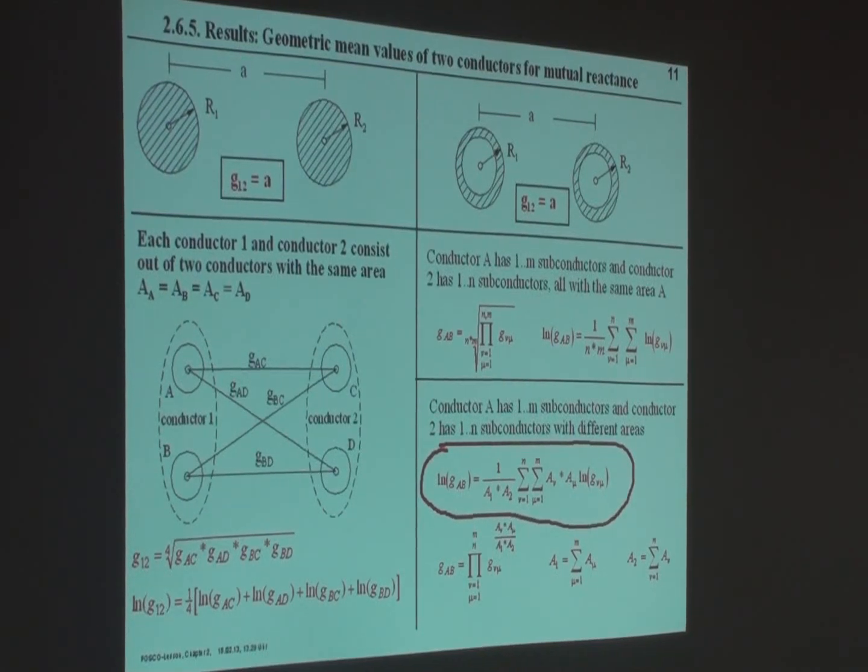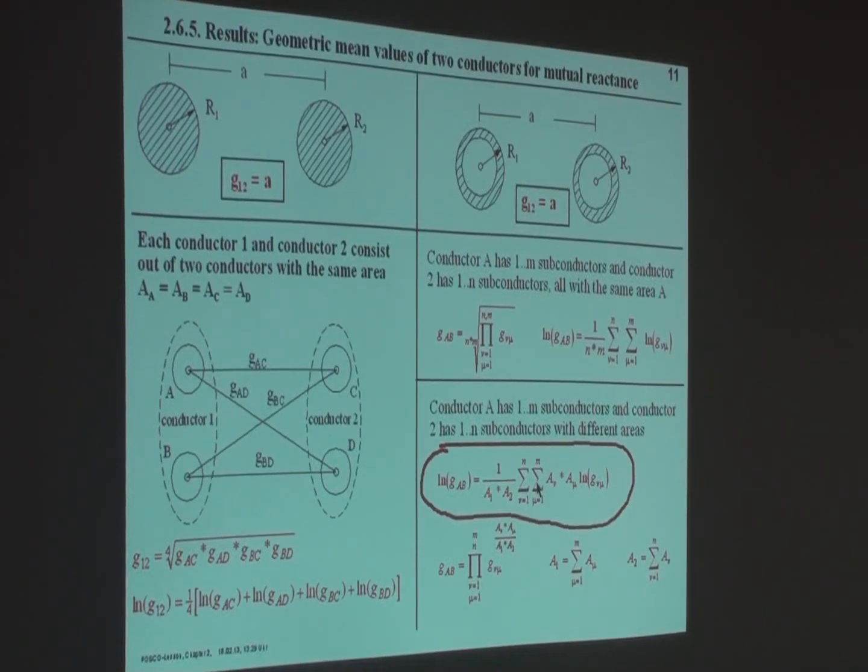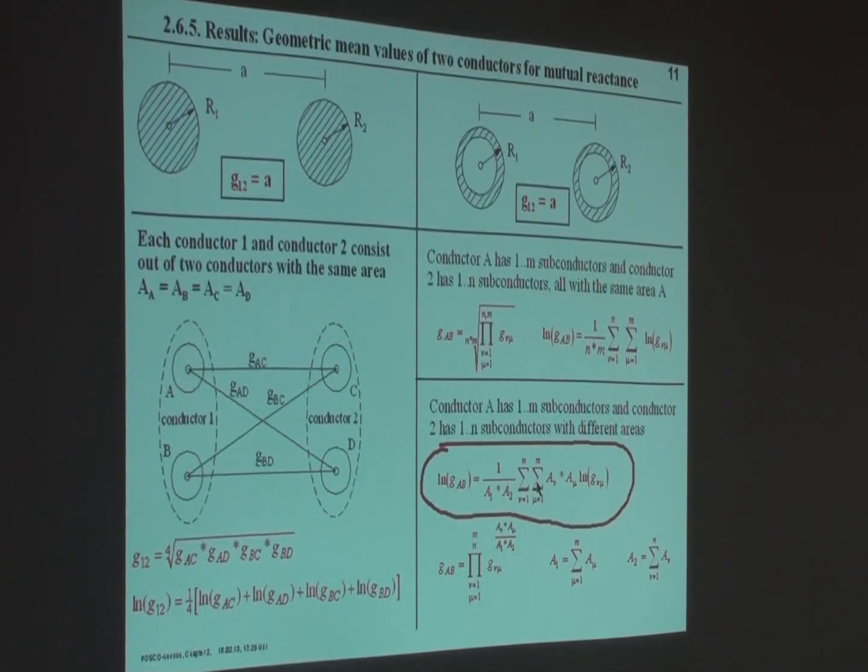We have to say ln G according to this. And then we have to do the sum. We have to do the sum about all values. AA, ln GAE. This one, no?